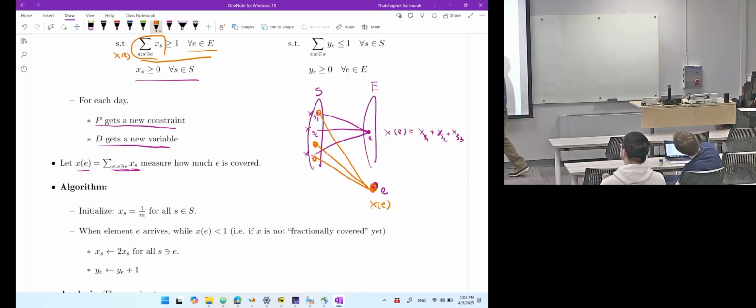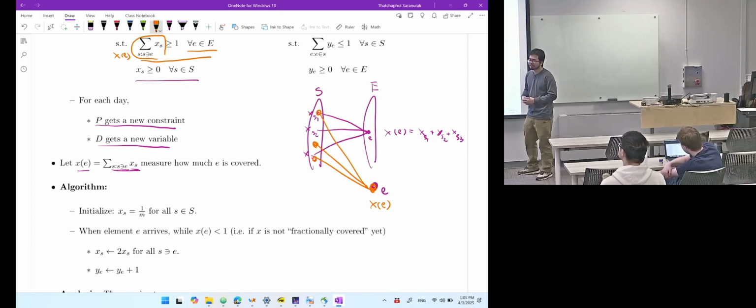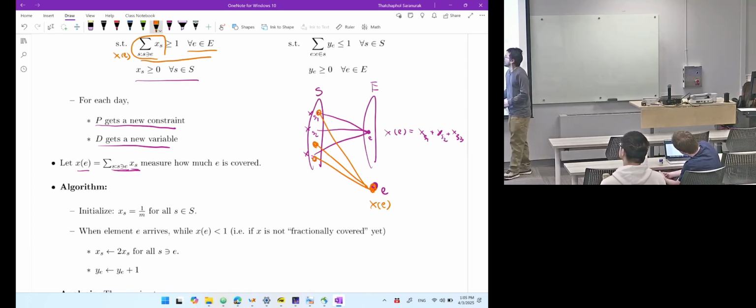Note one thing: this has the same nature as the last algorithm. That is, you try to satisfy the primal constraint by multiplicatively increasing your solution, by some multiplicative factor. So I keep doing this. If it's still less than 1, just double.